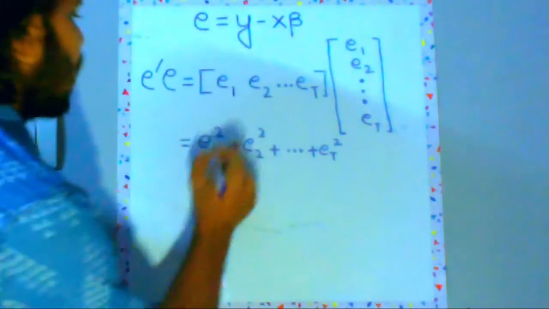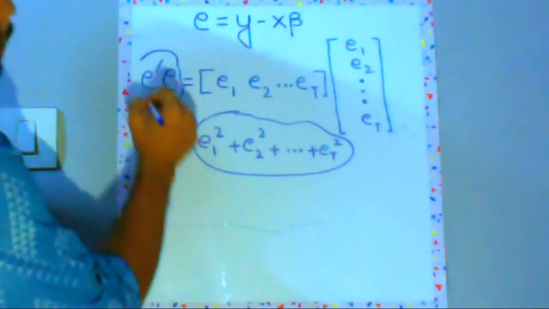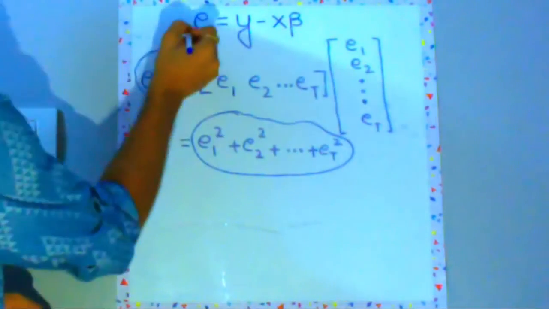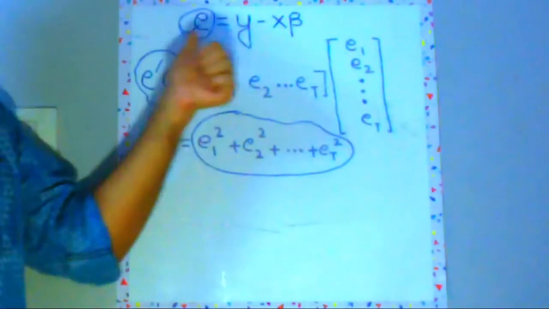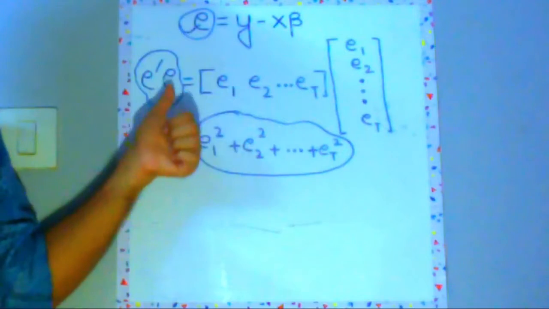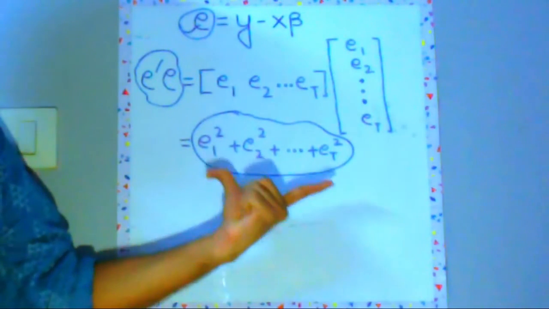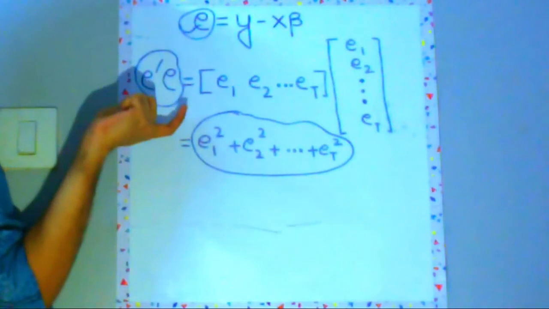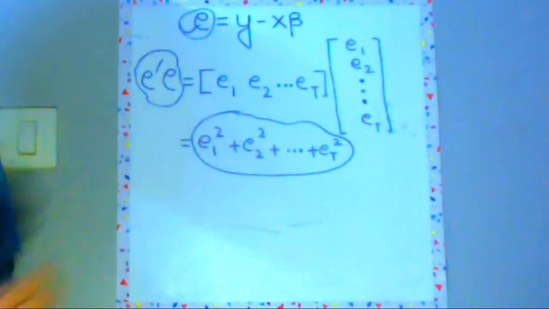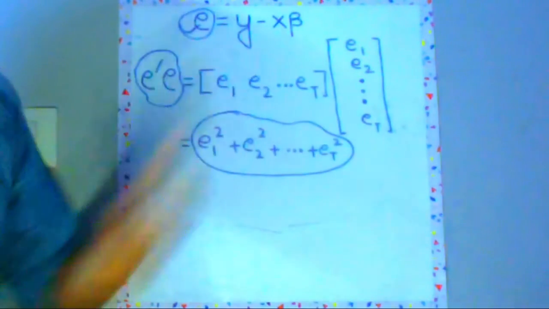And this is what we need to minimize, where E is this quantity. So I'll come again. E is this. E transpose E is the sum of squared errors, and this is the quantity which we need to minimize. So let's proceed with minimizing E transpose E, where E is Y minus X beta.